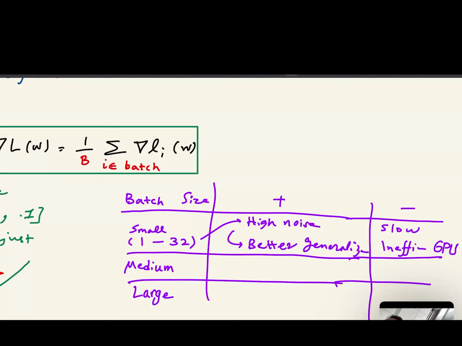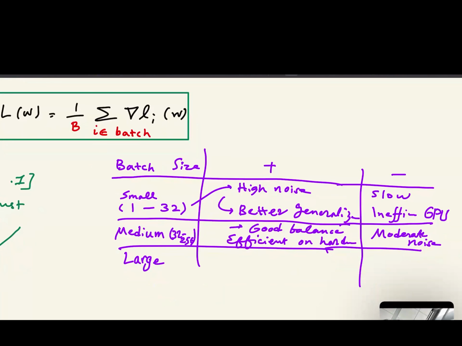And if we increase the batch size to some medium size, something between the standard value 32 to 256, this is considered a good balance. And also this is actually very efficient on hardware. However, the noise is not as much as before, and this is not good because we may skip or not discover better local minimums.